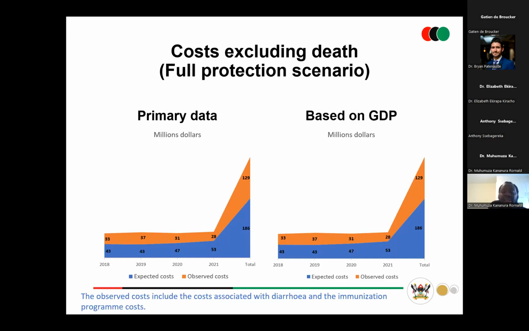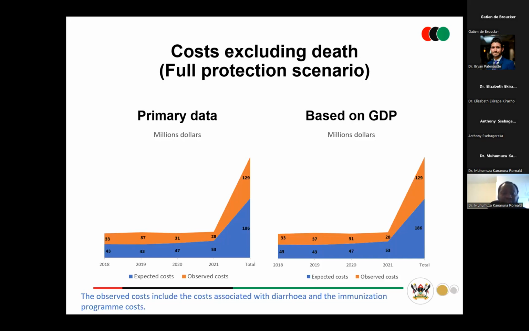And as you can see, the two graphs almost behave the same. So somewhat the GDP approach is validating what we are doing using the primary data.